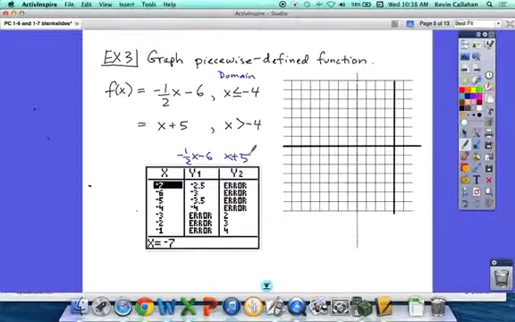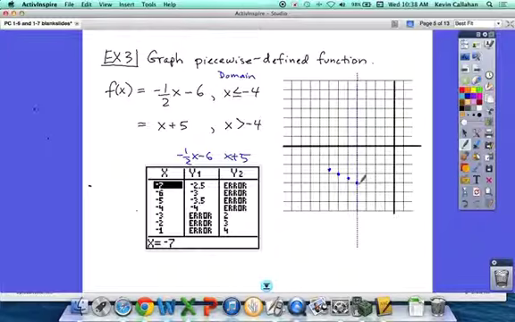So I'm just going to plot a few points and connect them up. So let's see, -7, -2.5. -6, -3. -5, -3.5. -4, -4.